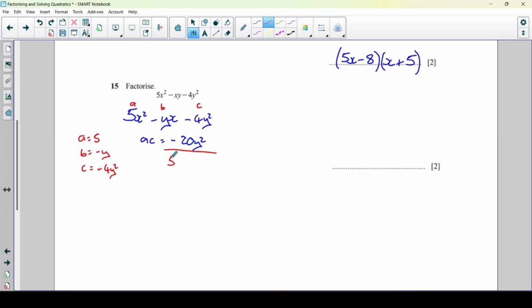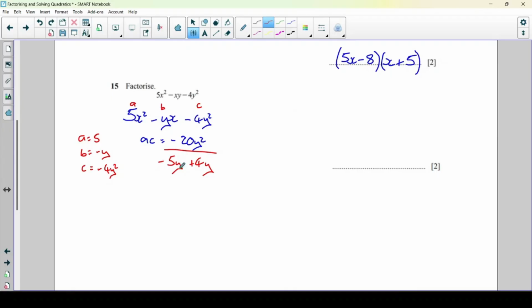So like 5 and 4. Those are the ones that have a difference of 1. So it's something to do with 5 and 4. I want minus, so it's going to be minus 5 and plus 4. And I want minus y, not just minus 1. So I guess we're going to go for minus 5y and plus 4y.